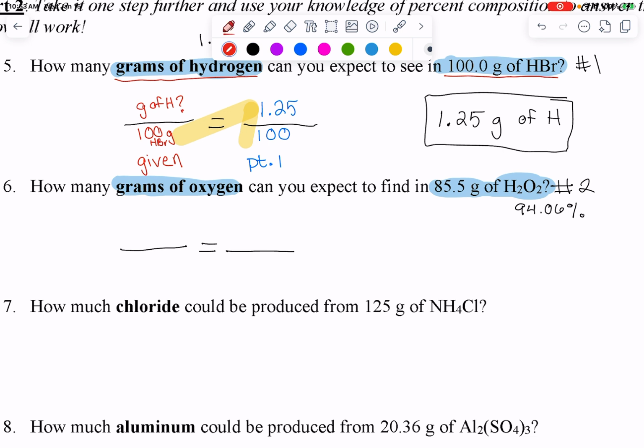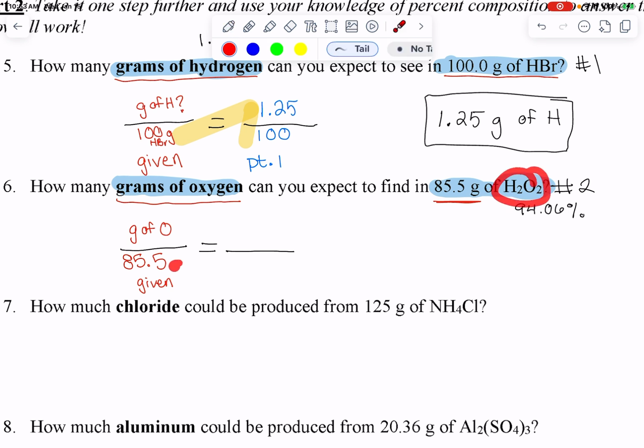So again, this first part is what we're given in the problem. So I know I need to find grams of oxygen whenever I'm given 85.5 grams. So out of H2O2, how much of that is oxygen? Is pretty much what it's asking.